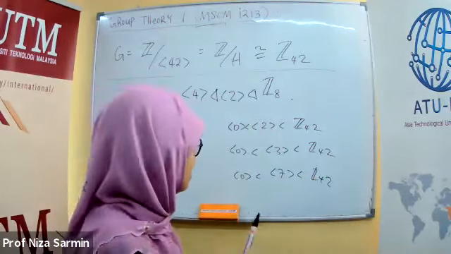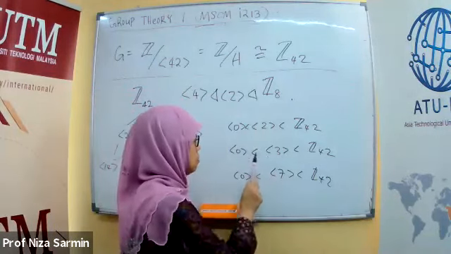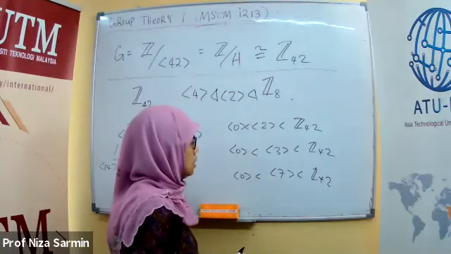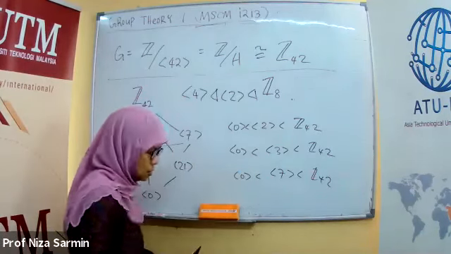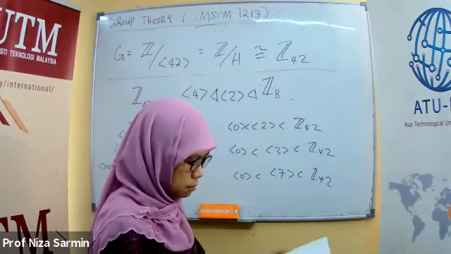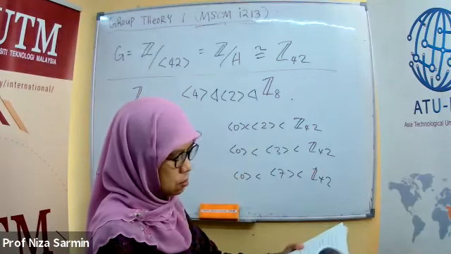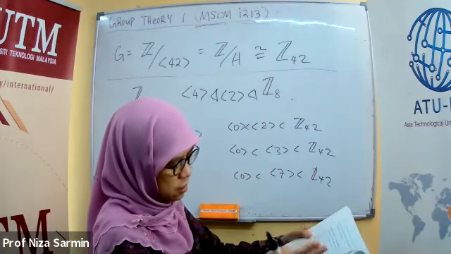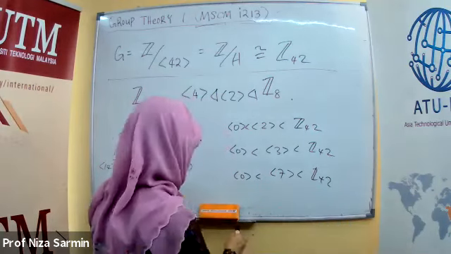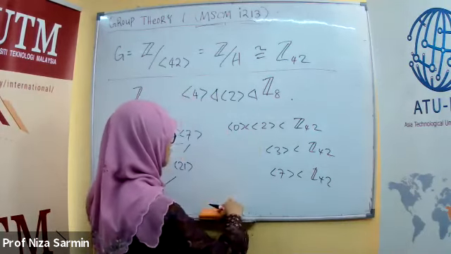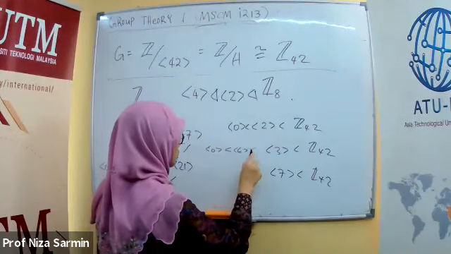So now, because this is the maximal normal, if you want to add in another one, let me say it again. With the maximal normal, if you have the series, one is maximal in the other one. So what happens if you put it like this? Is this okay?